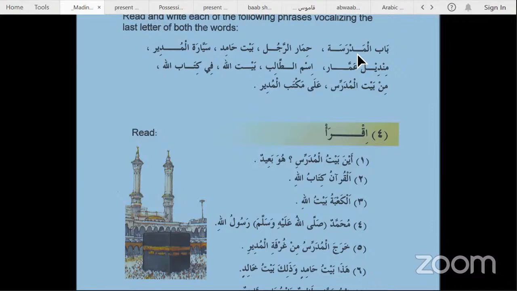Am I reading the next one down as well? I think the sister's reading next one. Yeah.